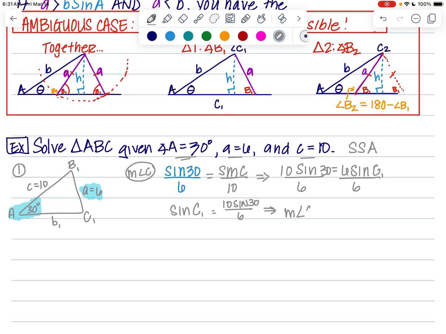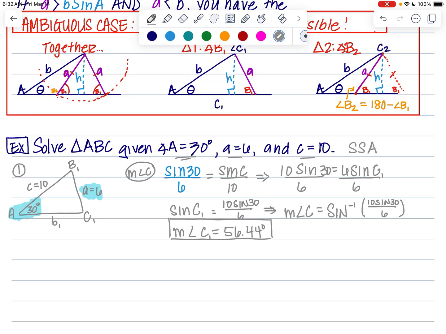So the measure of angle C is going to be equal to the inverse sine of this fraction, 10 times the sine of 30 divided by 6. So that means, all told, the measure of angle C1 is 56.44 degrees. Okay, so that's lovely and awesome.